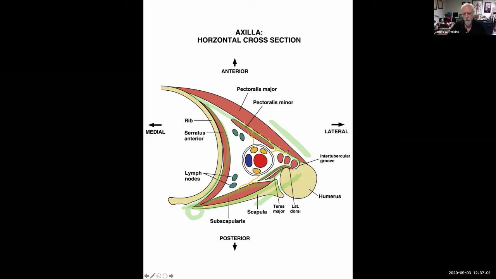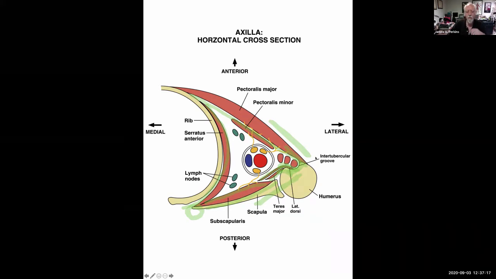So you've got pec major inserting into the intertubercular groove, you've got latissimus dorsi and teres major all inserting into that intertubercular groove of the humerus. So the anterior and posterior walls of the axilla converge at that point. The structures that are found within the axilla are very important because they provide the entire blood supply and the entire nerve supply to the structures of the upper limb.